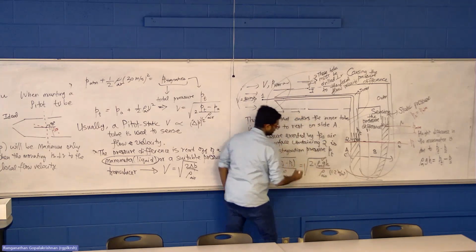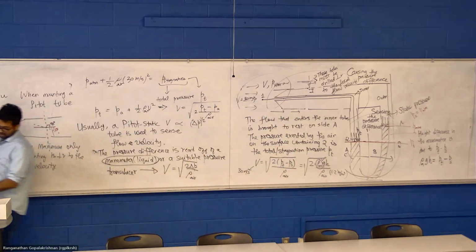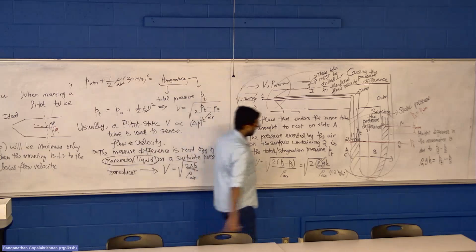You know g. The density of the manometer fluid is given. How do you express density? In this problem, they have given the density of the manometer fluid to be a specific gravity of 0.75.